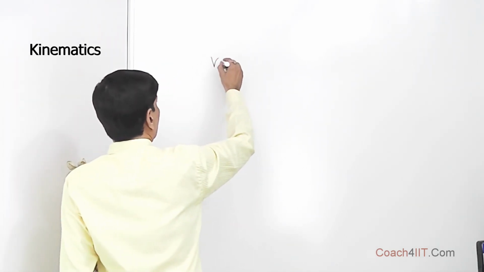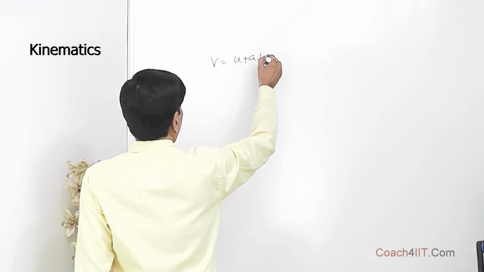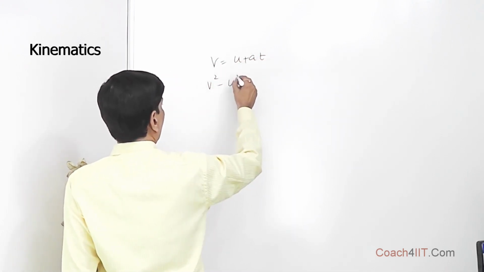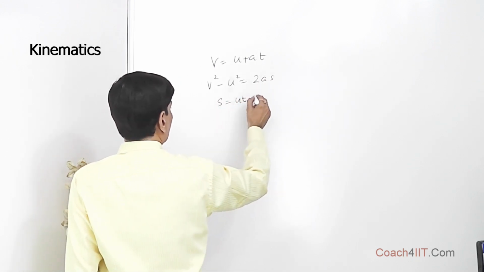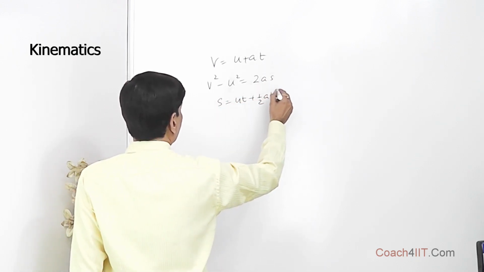We have some standard equations of kinematics. They are V is equal to U plus AT, V square minus U square is equal to 2AS, S is equal to UT plus half AT square.